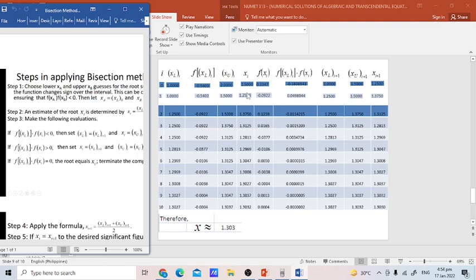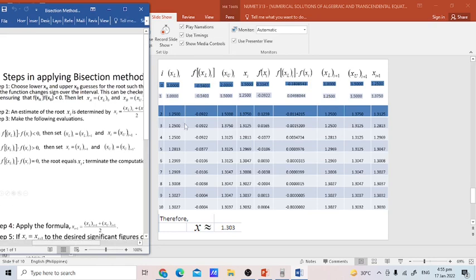Okay? So x sub l,i plus 1 equals x sub i plus 1. And then x sub u,i plus 1 equals x sub u,i for i plus 1 iteration, no? Okay. So that is 1.5. Okay? So, ibig sabihin niyan, yung upper value dito, 1.5, 1.5 dito. Okay? So, through practice, makakabisado nyo yung pattern. No? Okay?